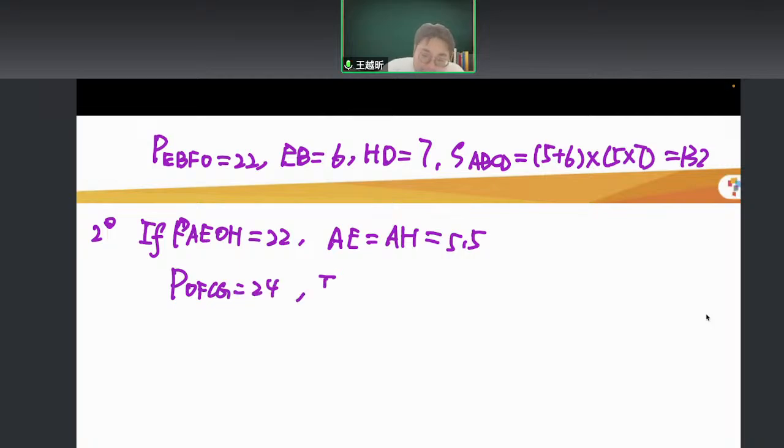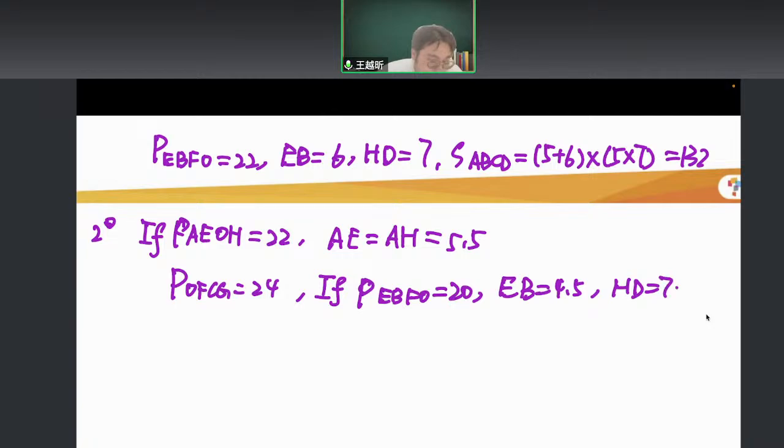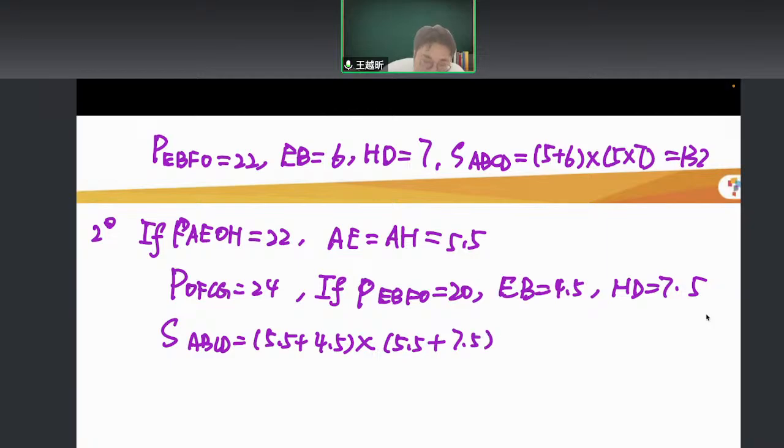And if P of EBFO equals to 20, then we can know EB equals to 4.5 and HD equals to 7.5. So the area of ABCD is just 5.5 plus 4.5, times 5.5 plus 7.5, equals to 130. The area is just 130.